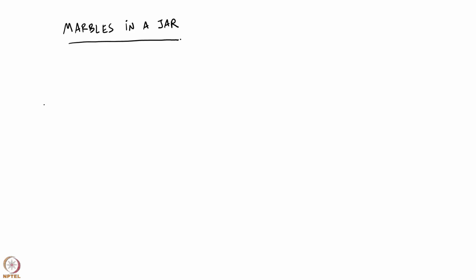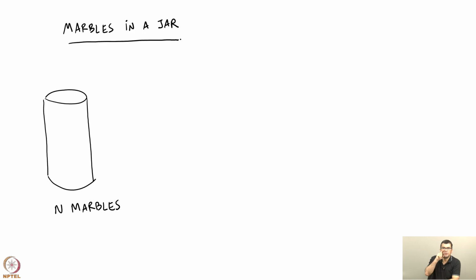To understand the role of chance events in dictating evolutionary trajectories better, a useful game to think about is called marbles in a jar. In this game, we have the following rules: we have a jar, and in this jar are n marbles. Every marble is of a unique color and all n are of a different color.